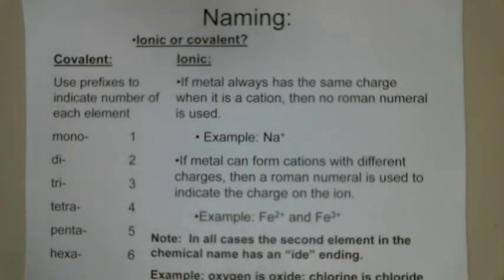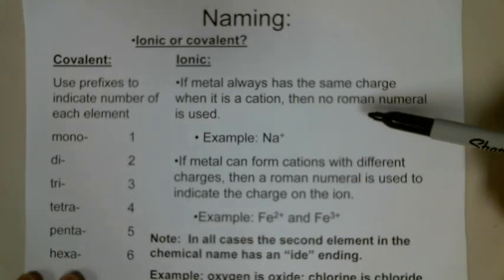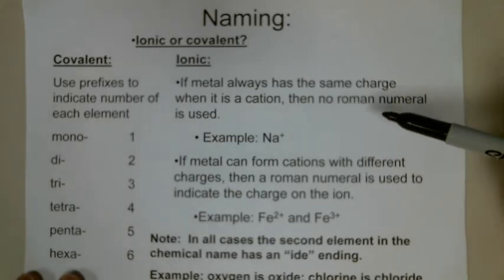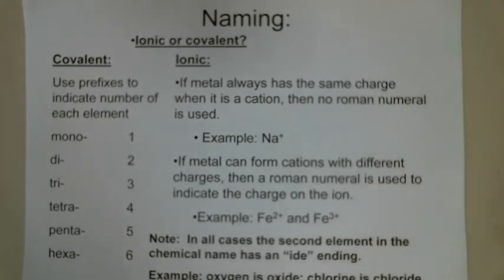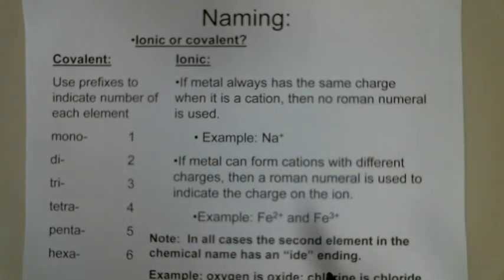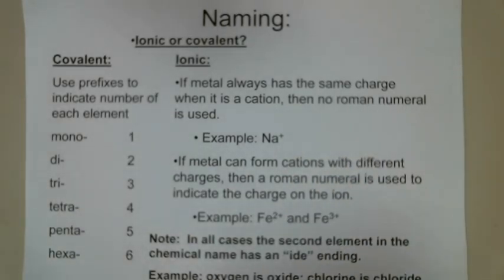And if you have a metal that always has the same charge when it's a cation, then we don't use a Roman numeral. So if it's in group 1A, they're always +1, like sodium, we can't use a Roman numeral. Now, again, that's kind of dumb, right? Why would it be wrong to include the extra information?